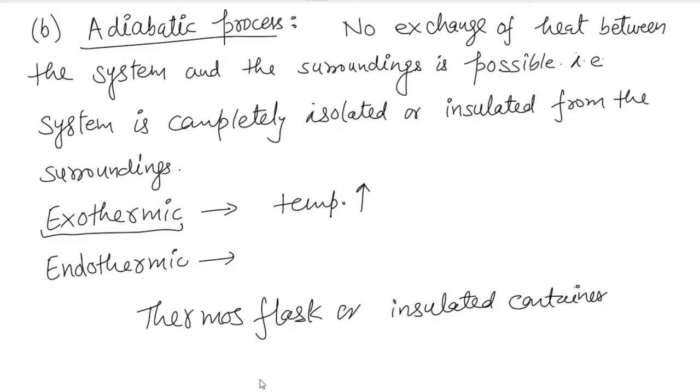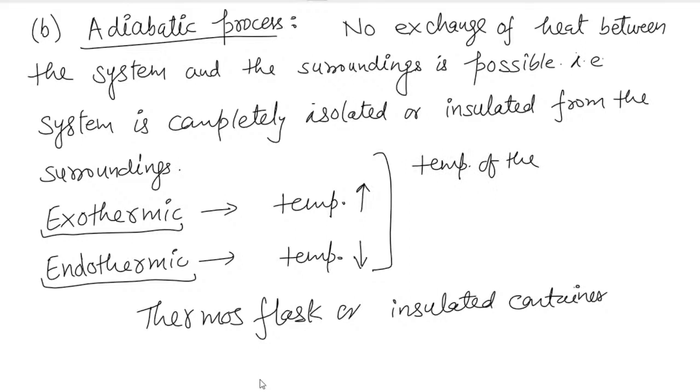In endothermic, heat cannot be obtained from the outside, so it is absorbed from the system itself. Yes, in exothermic temperature will increase and in endothermic temperature will decrease. That means in case of an adiabatic process, temperature does not remain constant.